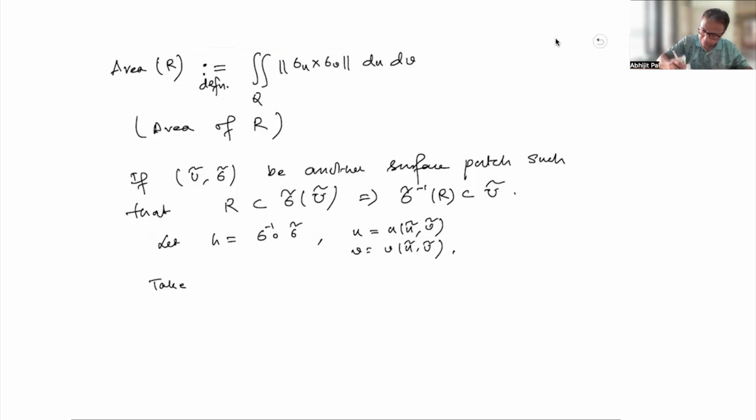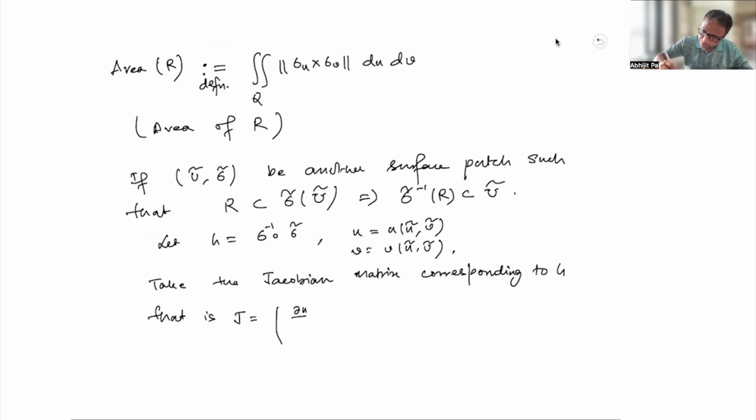So take the Jacobian matrix corresponding to H. The Jacobian matrix is given by J equal to del u by del u tilde, del u by del v tilde, del v by del u tilde, del v by del v tilde. So we have this Jacobian matrix.